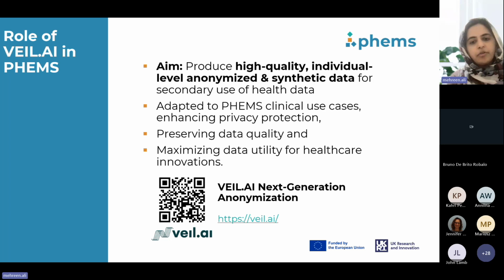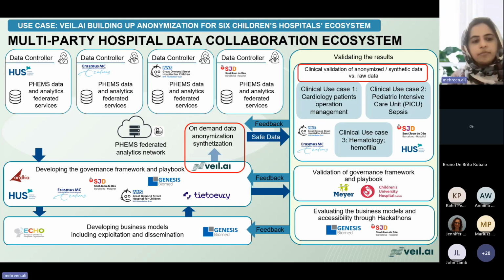You can learn more about Whale AI next generation anonymization at our website. This is a big picture of the PHEMS project, where we are supporting a network of 6 children's hospitals by developing next generation anonymization and synthetic data generation capabilities.